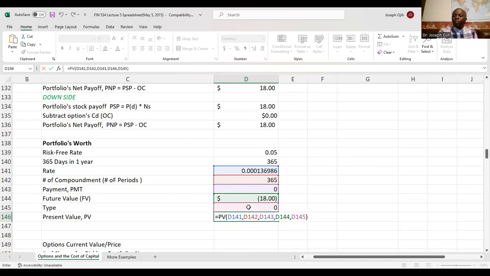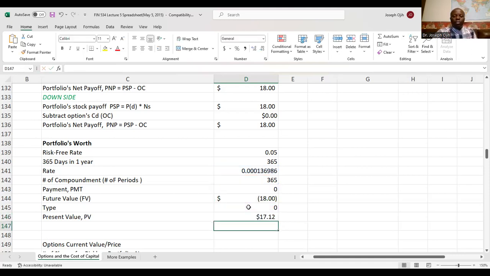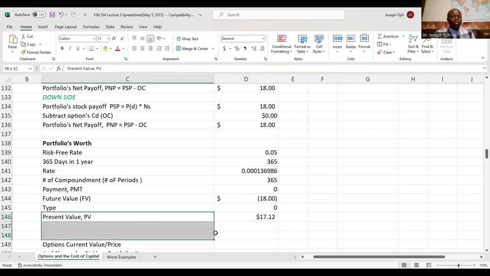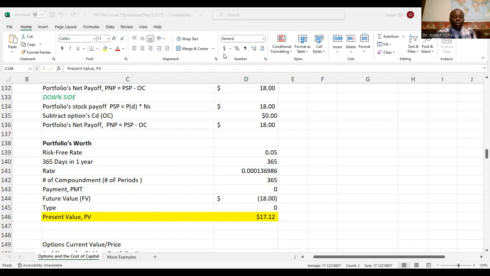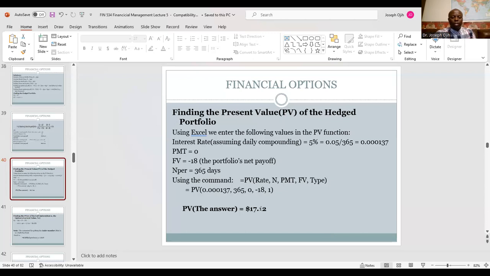Close the parentheses, then press the enter key. It gives you how much it is worth today. So that is the present value of the portfolio. You can also see it here in my presentation: $70.50.